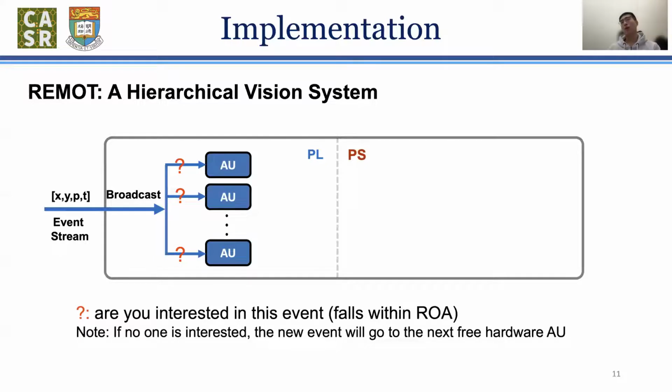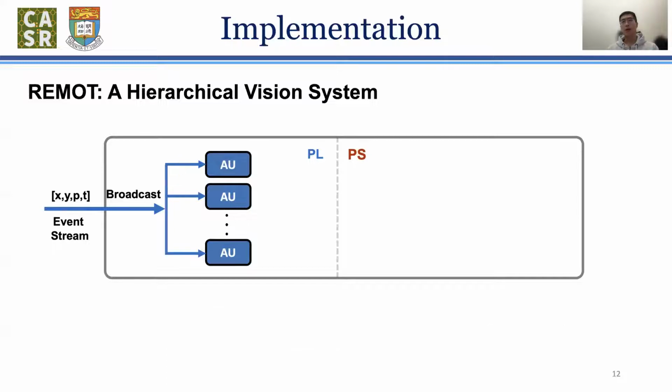Which means, does this event fall within your region of attention? If yes, then those AUs will take the events and expand or shrink their attention map. If no one is interested, the new event will go to the next free hardware AU.